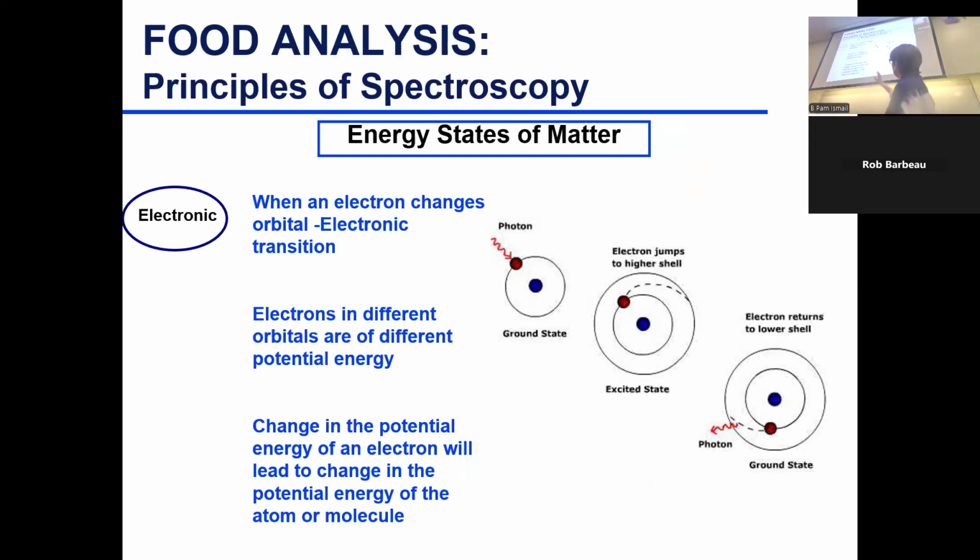So the electronic energy has to do with the electron moving to the outer shell. So atoms and molecules can gain electronic energy. Both atoms and molecules, because atoms have the electrons, and within the molecules, you have atoms with electrons that are participating in molecular bonds.